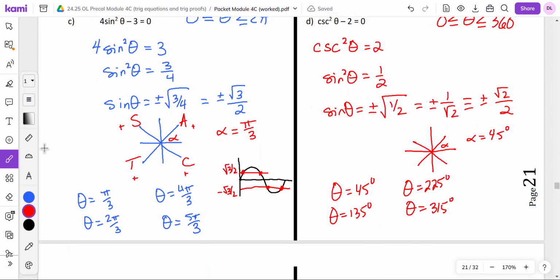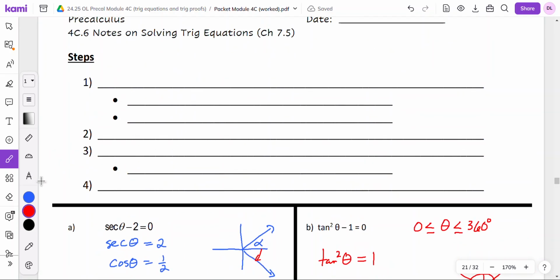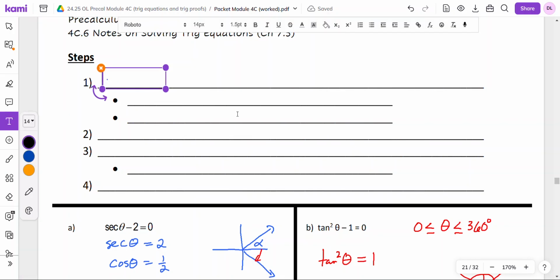Okay, so let's synthesize what it is that we have done here and use that to discuss our steps. What are our steps going to be? Okay, first step you can think of is to get the trig function by itself and to the first power.